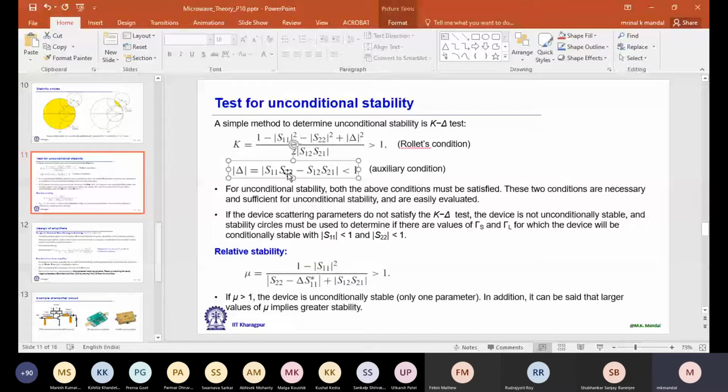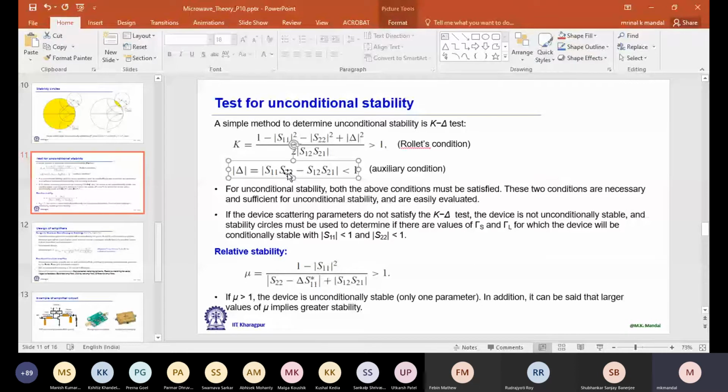Now, you can put the values of the scattering parameters and calculate at your design frequency. But there is an issue. If the transistor or your amplifier is not unconditionally stable, then can you not design the amplifier? No, you can.